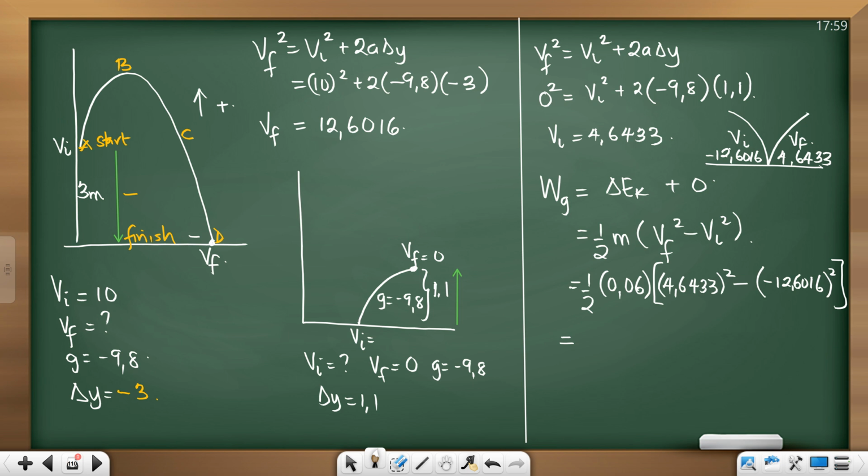And our answer should be negative though. We chose up as positive and down as, what did we choose? We chose down as negative, up as positive. Okay. What's our answer? Negative 4,12. All right.